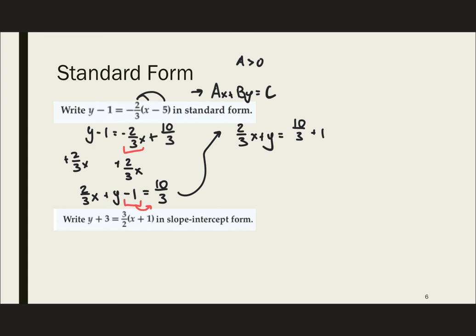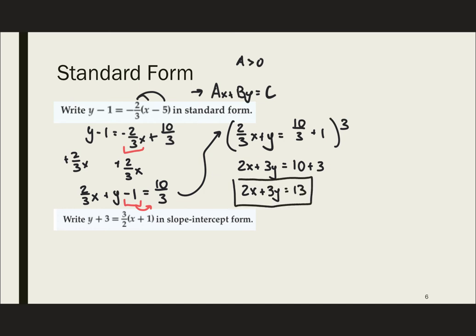So what I'm going to do is I'm going to multiply everything by 3 to cancel out my fractions. And now I have a 2x plus 3y is equal to 10 plus 3, which now I can combine like terms, and my final answer is 2x plus 3y is equal to 13. And that's your final answer.